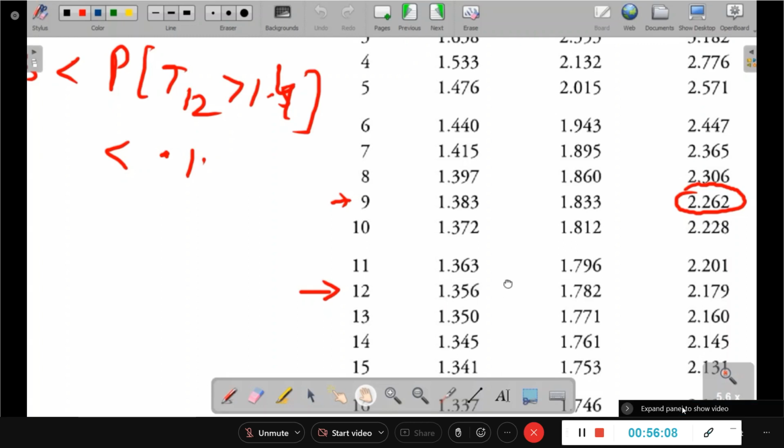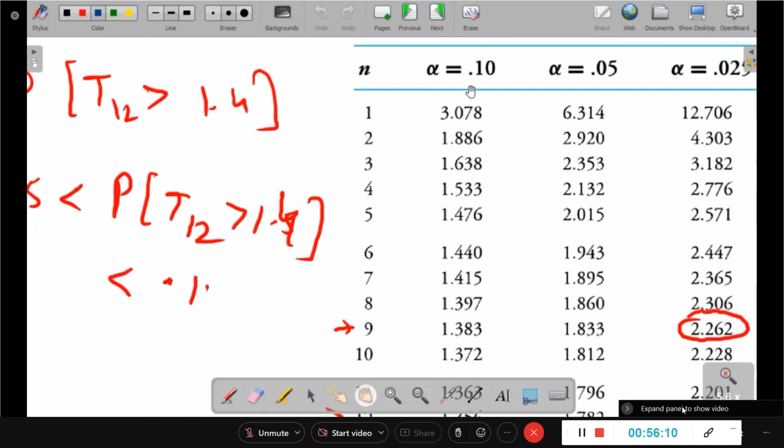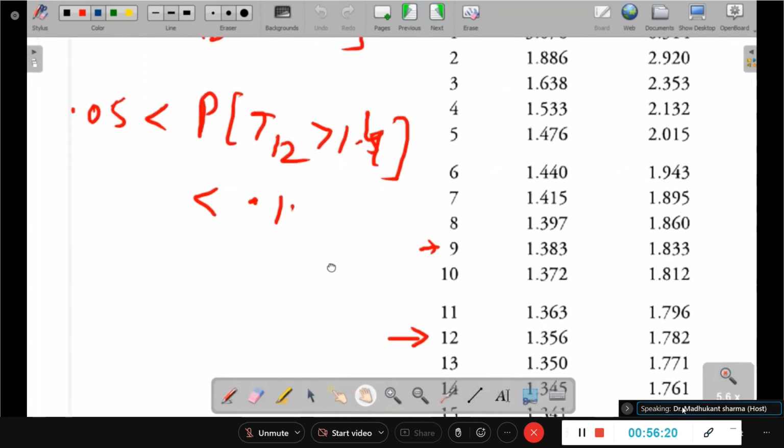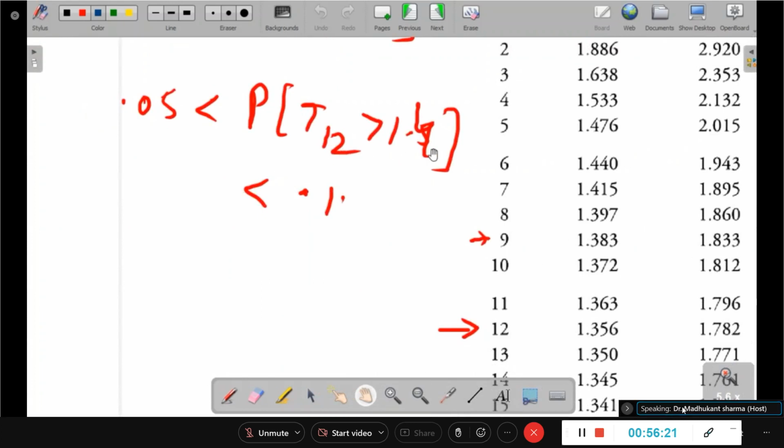So you have to look at the alpha values 0.10 and 0.05. So the probability value will lie between 0.05 and 0.10. That's easy to identify. So the probability that T12 is greater than 1.4 lies in the interval 0.05 to 0.1 based on the information we have.